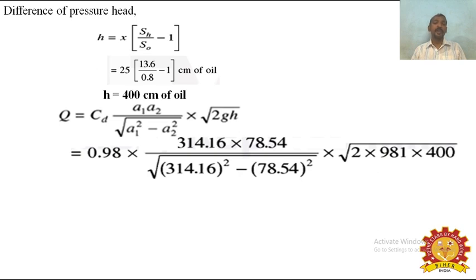Normally we know gravity is 9.81, but here we have to convert all the values to centimeter, so we write 981 centimeter.